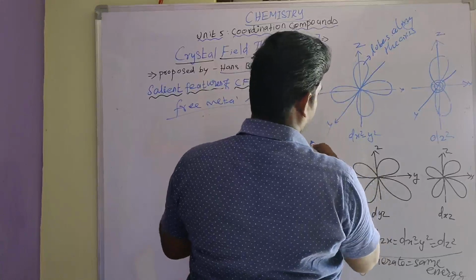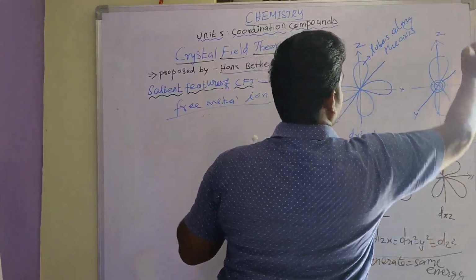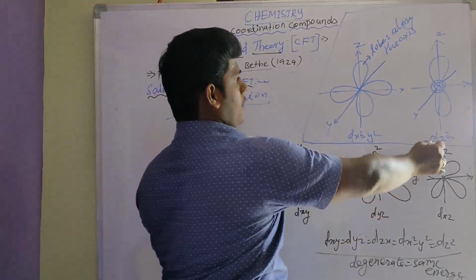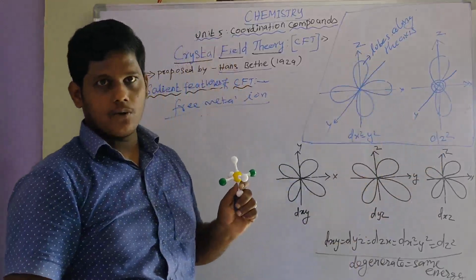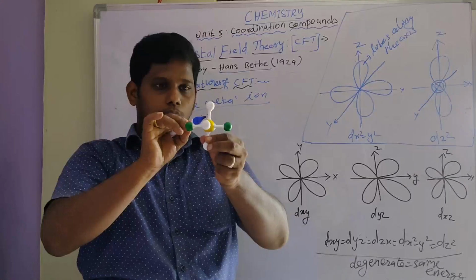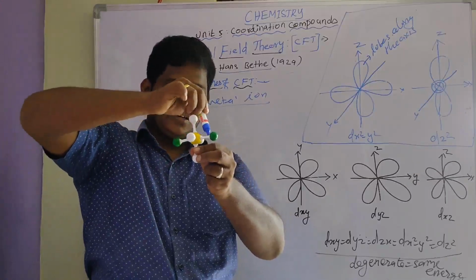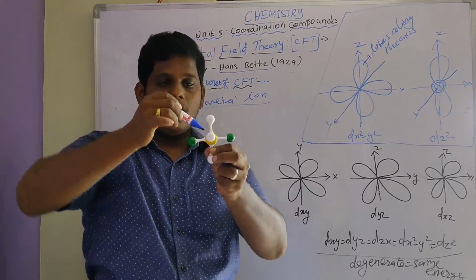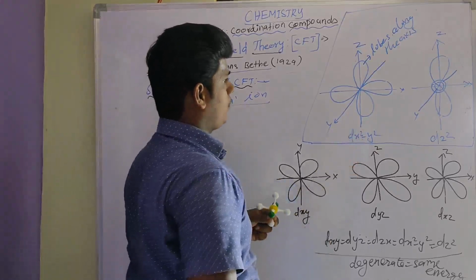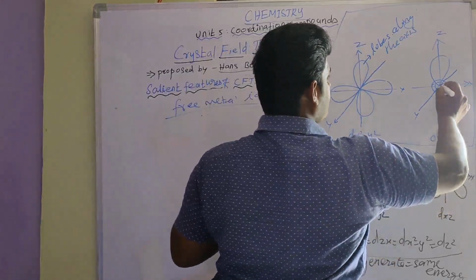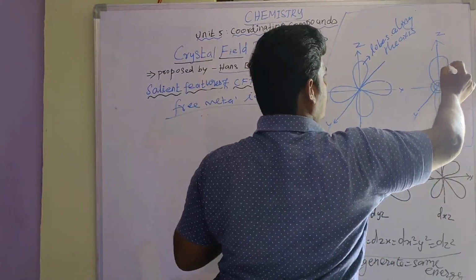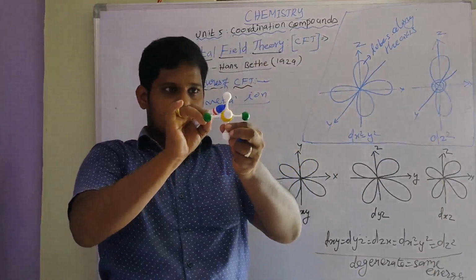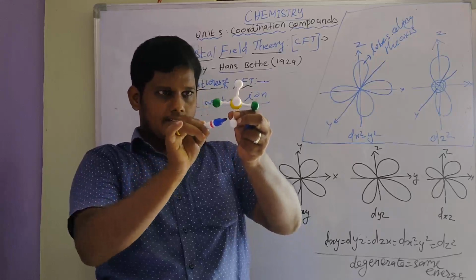These are the two orbitals whose lobes are along the axes, along x and y for dx square minus y square, and along the z axis for the dz square orbital, which has a definite shape.